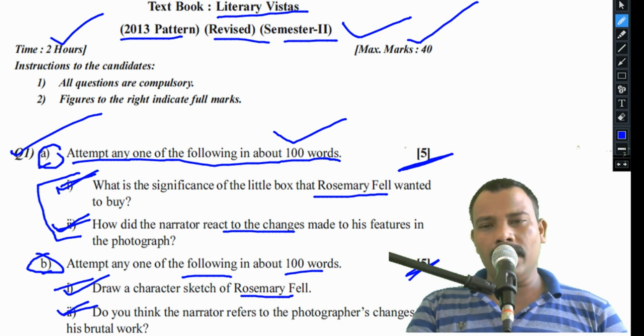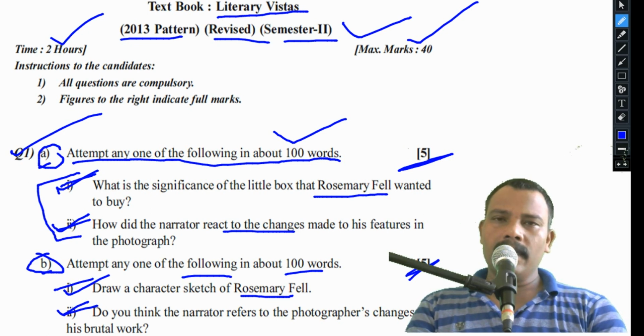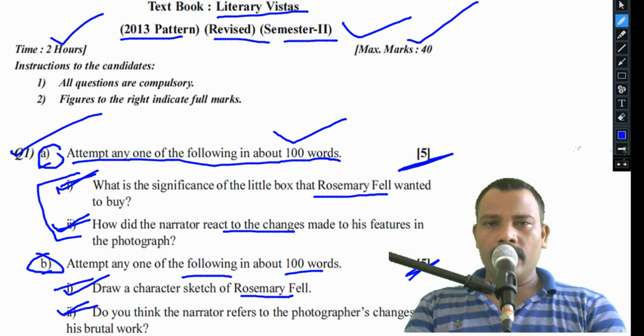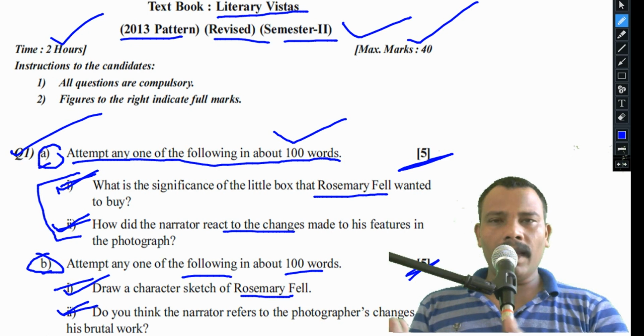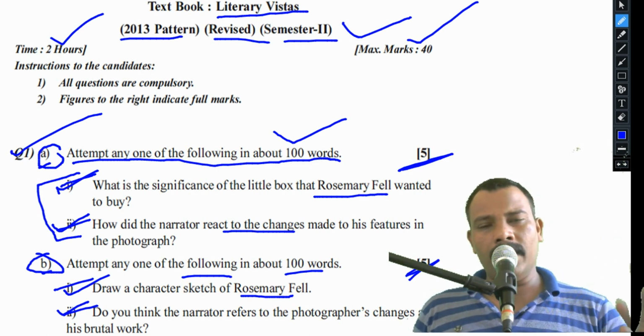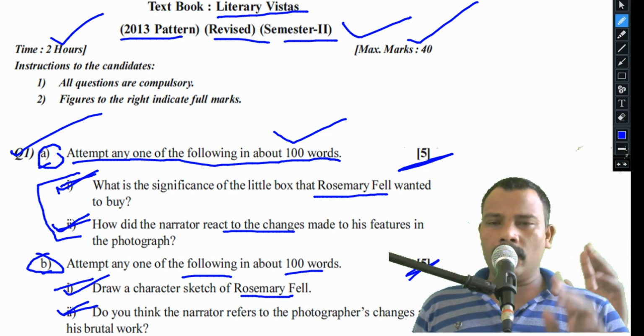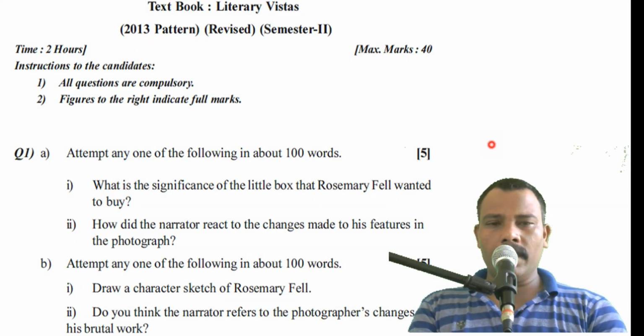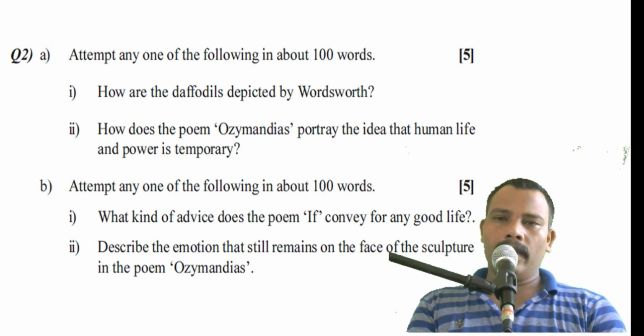Logically, if you attempt any one of these prose sections, you can solve this question and score at least 7 marks, because writing matters a lot here also. Question number 1 carries 10 marks, so you need to understand that the prose section equals question number 1A and B, carrying 10 marks.